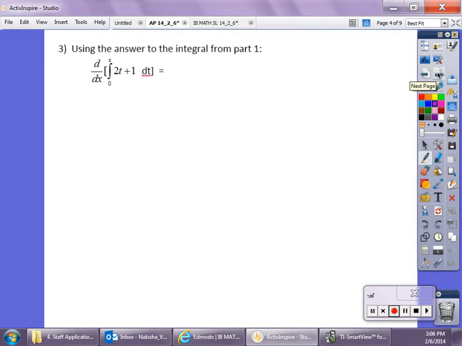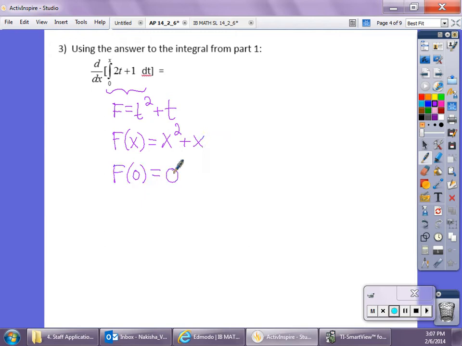So I'm going to start you off by doing this problem, and you're going to ignore the dx. We're going to find the value of this integral first. To start off, I would need my antiderivative because I'm using FTC2, t squared plus t. I would need to put in my x value, or my b value, which would become x squared plus x, my a value, which is 0, and then my actual antiderivative, my integral, would just be this, right?